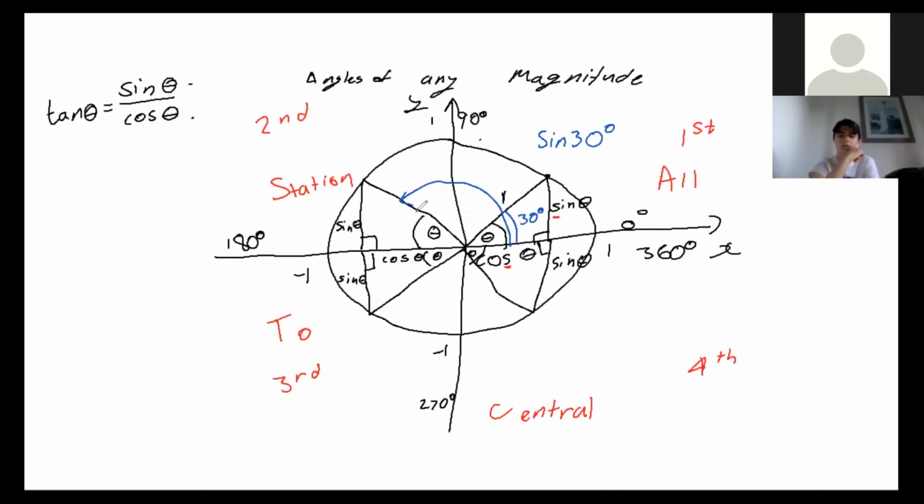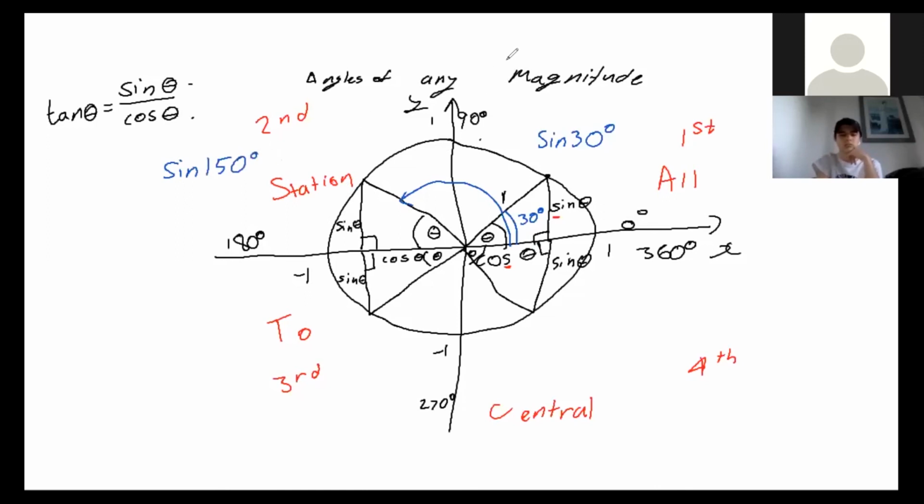Would it be 90? Oh, no. Would it be 150? Yeah, 150, because I'm 30 away from 180, right? So over here, I'm going to have sine 150.